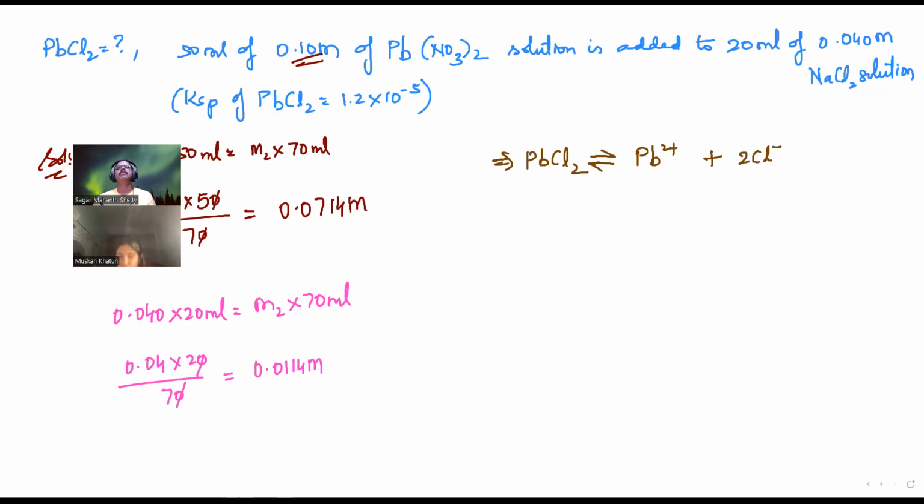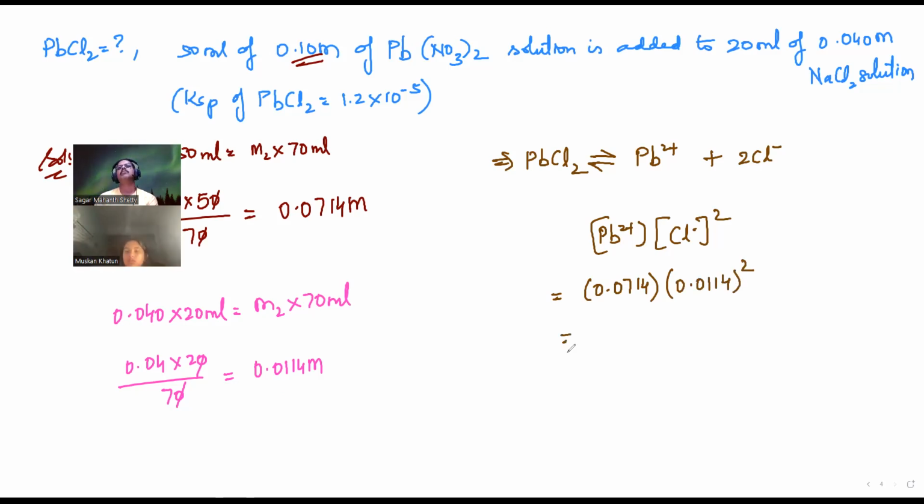The ionic product is lead times chlorine squared. For lead, the value would be 0.0714 times chlorine 0.0114, raised to the power of 2. Now find the final answer for this.